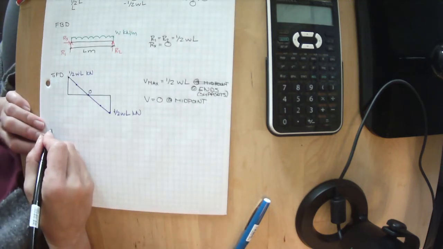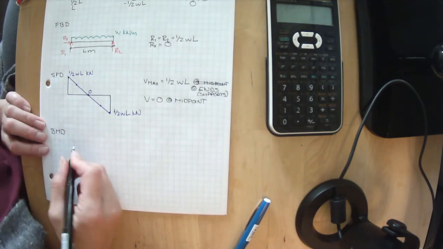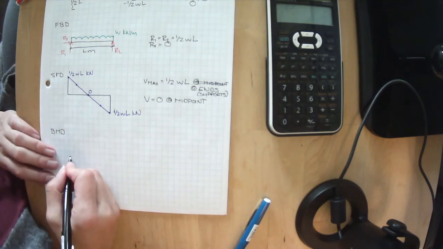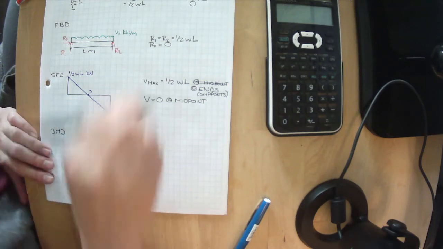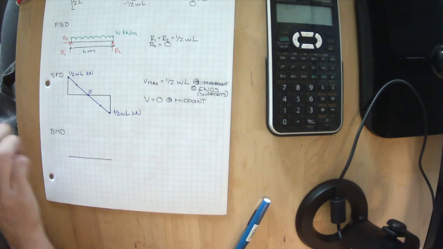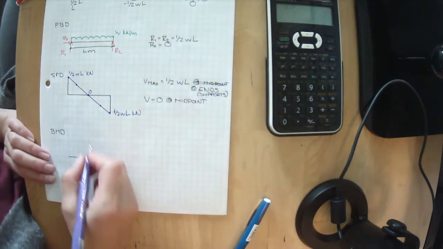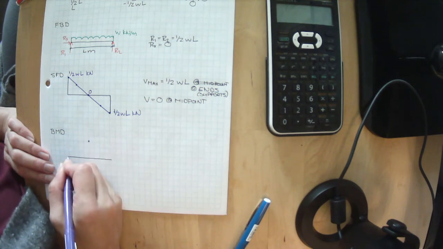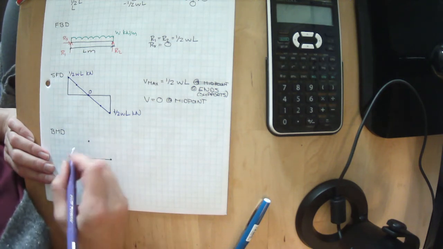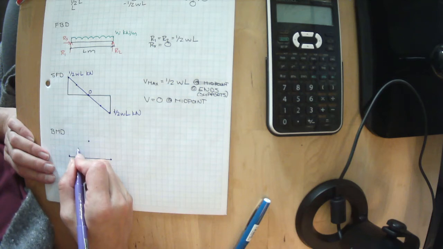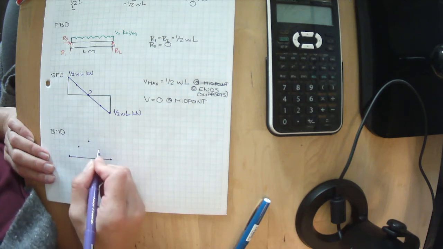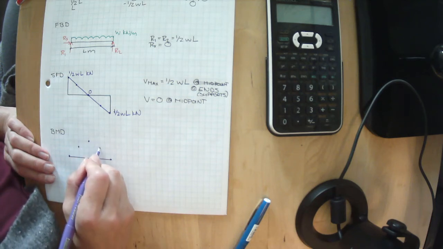Let's look at our bending moment diagram now. All right, the equation was a quadratic, so it's not a perfect circle, but if we went through and plugged in, we figured out those points. I'm going to tell you that if we went through and plugged in a few more points, it would start to look like this.